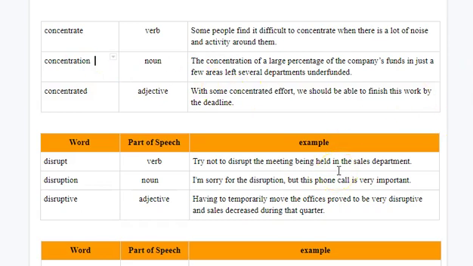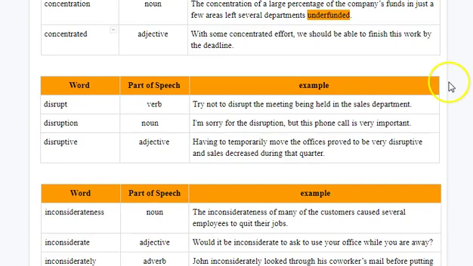The concentration of a large percentage of the company's funds in just a few areas left several departments underfunded. Concentrated. Adjective. With some concentrated effort, we should be able to finish this work by the deadline.